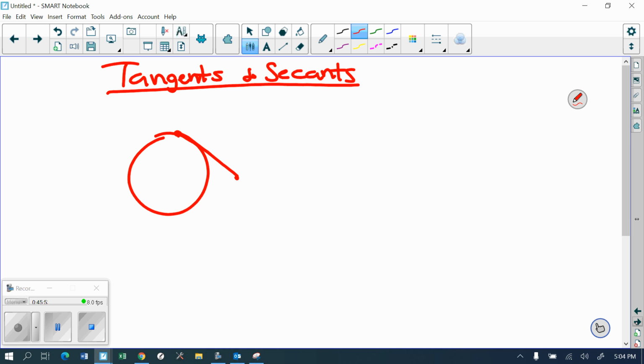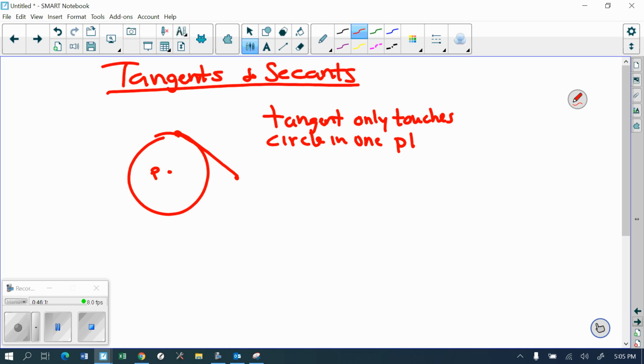If I connect that segment all the way through to make it a line or a ray, it's only going to touch in one spot. Tangent only touches circle in one point, even if extended.